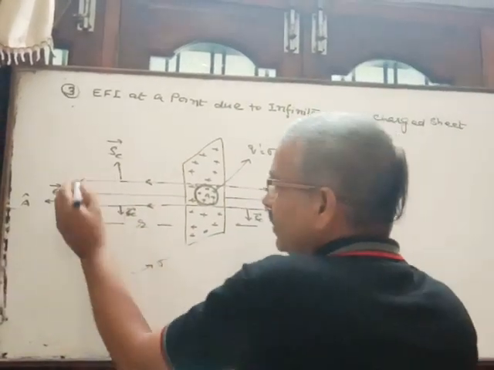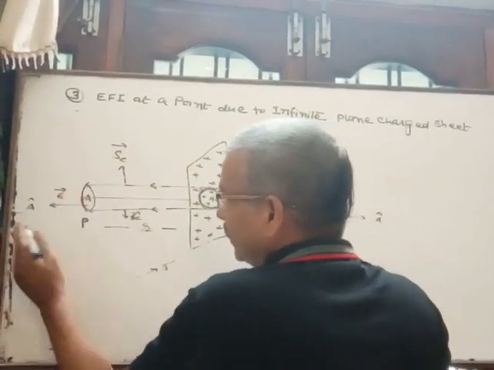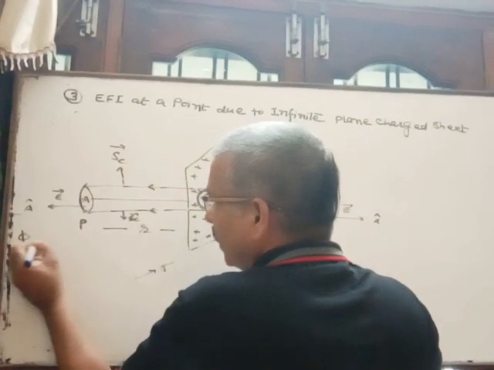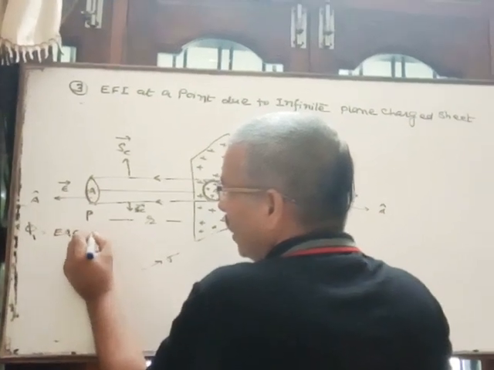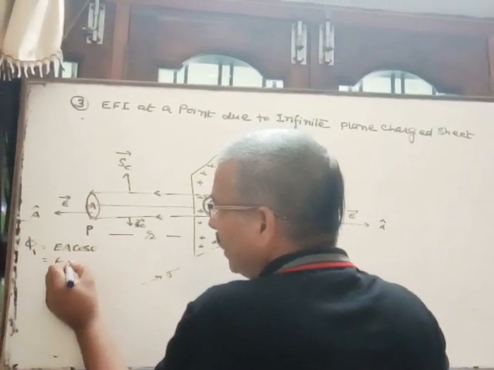So the flux linked with the left end cross-section area, suppose it is phi 1, is equal to E A cos 0, that is E A. Why cos 0?